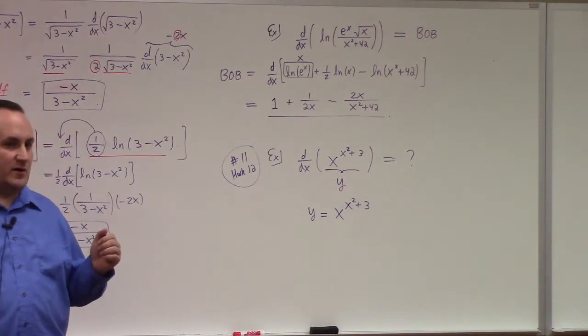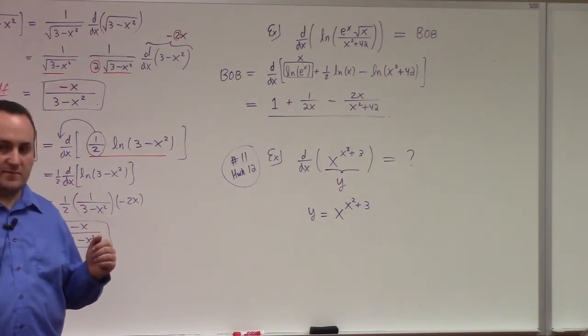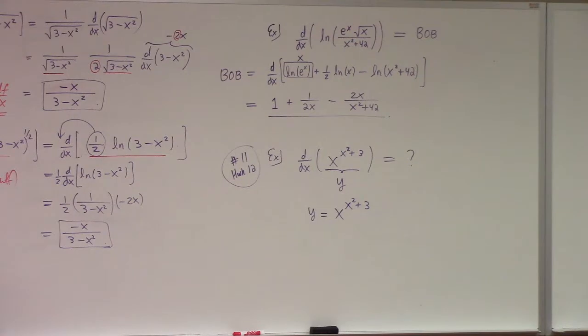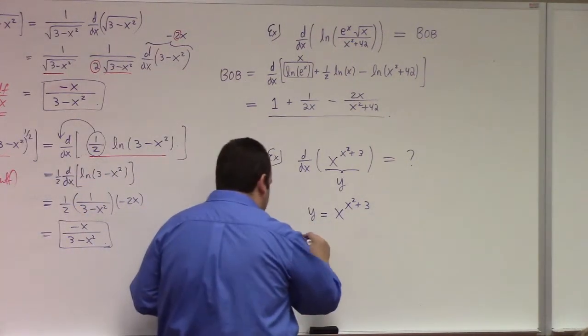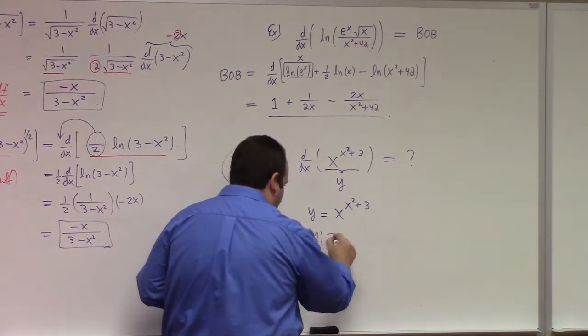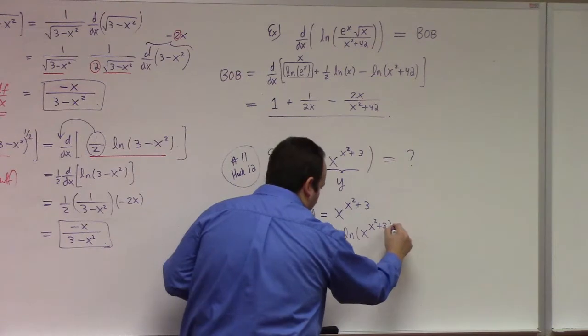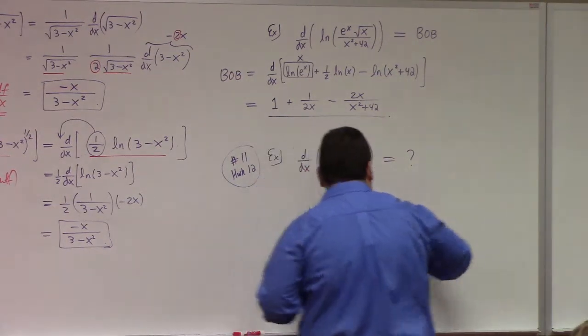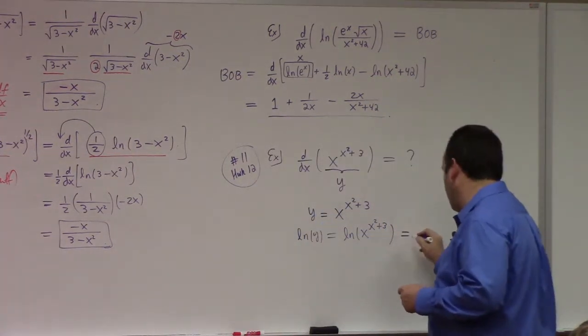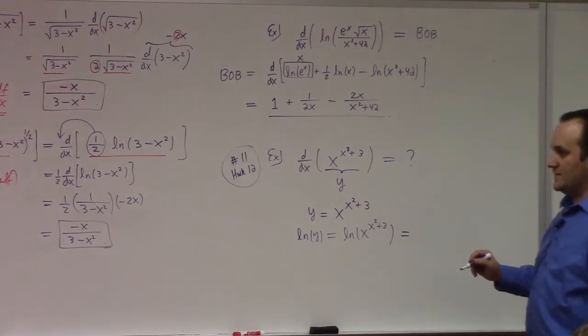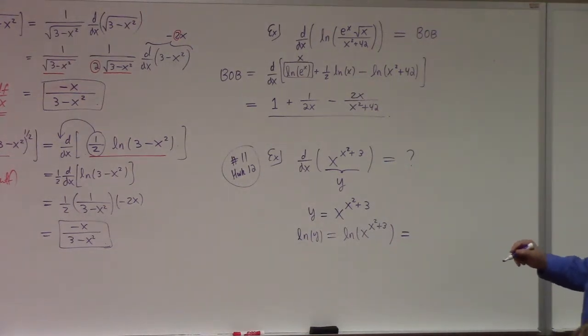I don't know how to differentiate that, but I do know properties of logarithms. So if I take the natural log of that, it gets me to something I can control. So the natural log of y is what? The natural log of stuff to the p equals p times the natural log of stuff.